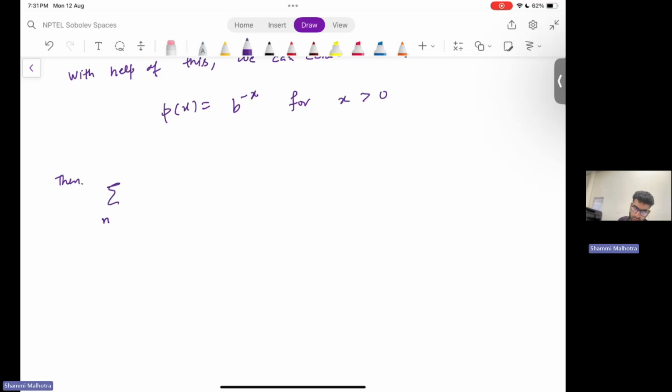Then the summation n from 0 to n of a_n phi_n will be nothing but phi at 0 plus the summation n from 1 to n of a raised to the power of n phi_n, and phi 0 I know is nothing but 1. And what is phi_n? Phi_n is b raised to the power of minus n.